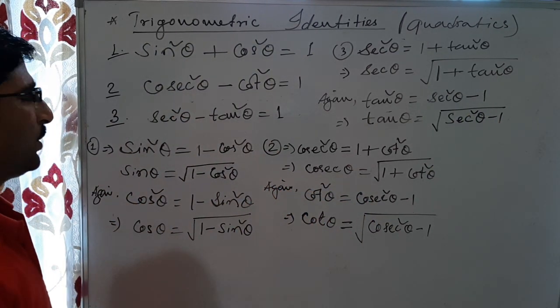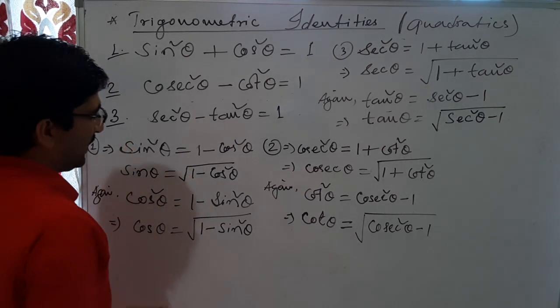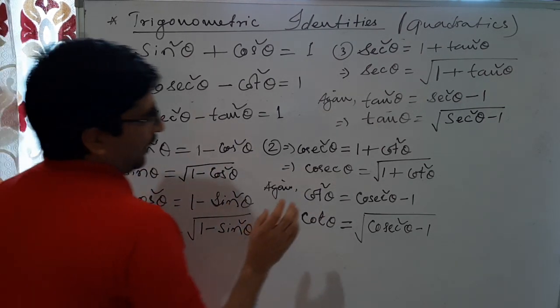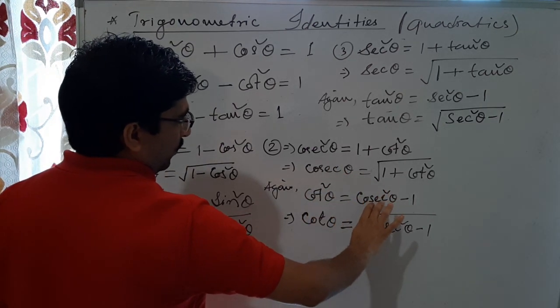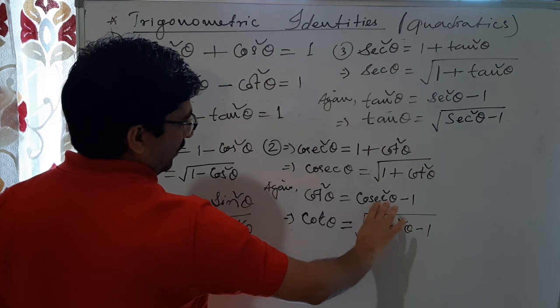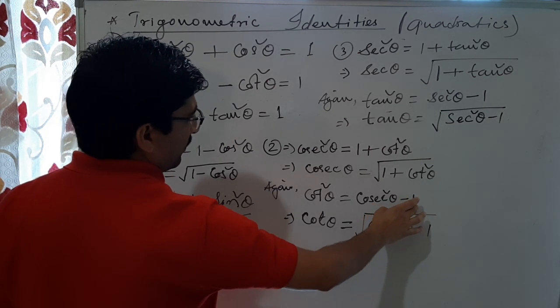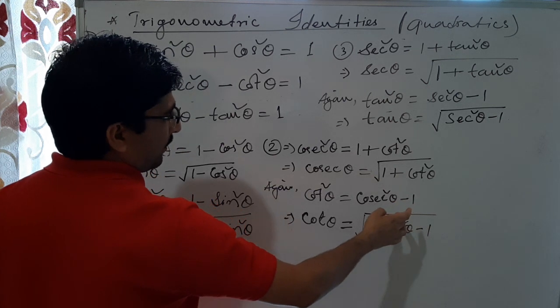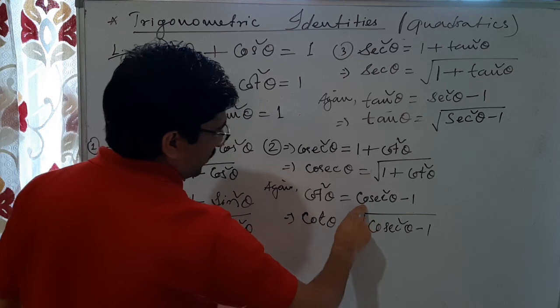Okay, what are the confusions? Now let us discuss the confusion. Here you will not face any confusion. Remember we have cosec square theta minus 1. When you do not understand properly, then there will be confusion. Then you may write 1 minus cosec square theta.